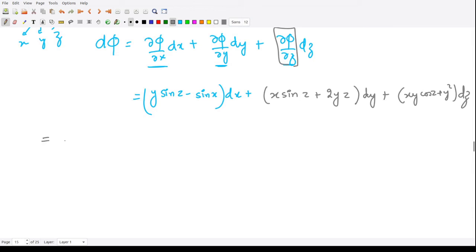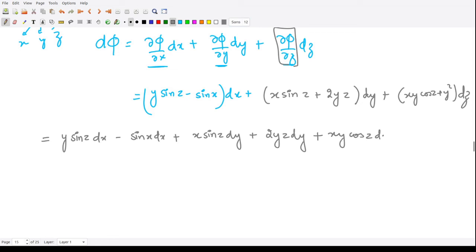So we can separate out these terms. I can write this to be y sin z dx minus sin x dx plus x sin z dy plus 2yz dy plus xy cos z dz plus y square dz.